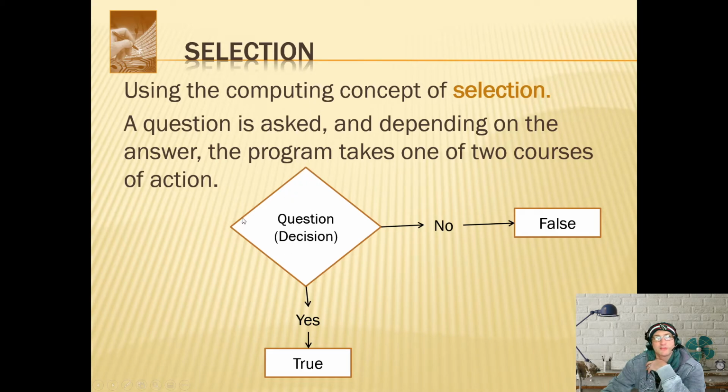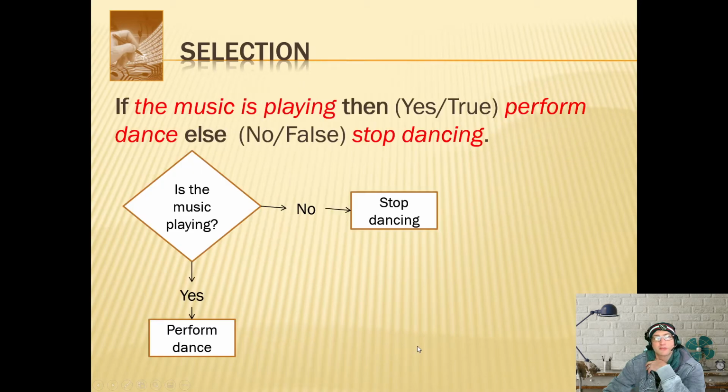The question is then asked. The flow of the data can either go no or false, or it can go down into a yes route. So here, if I wanted to ask the question in my routine, if the music is playing, then perform dance, else stop dancing, that would look like this.